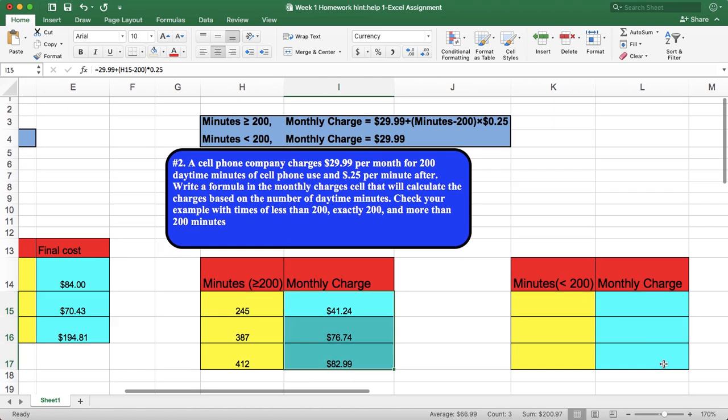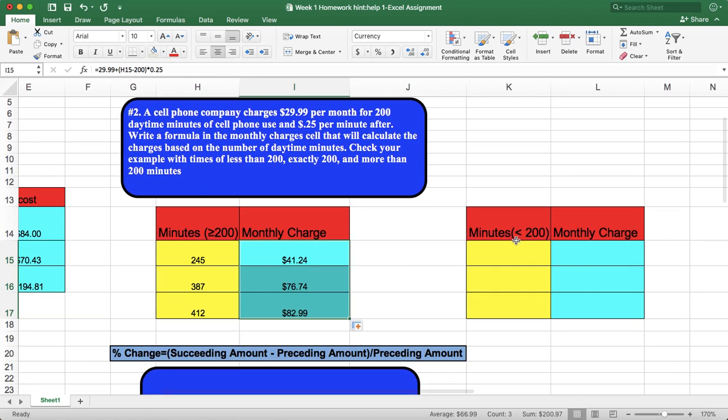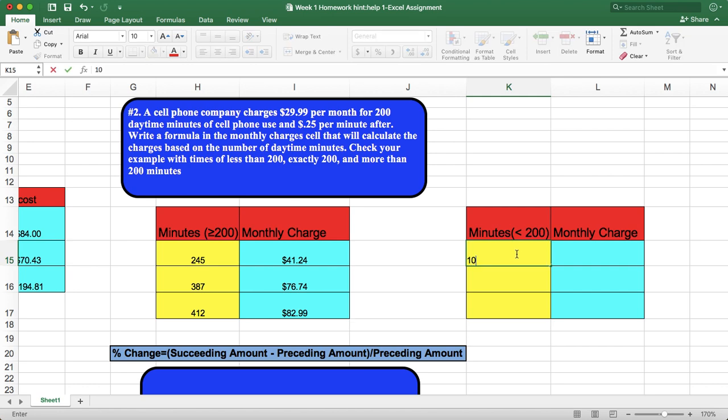And for this one, if minutes is less than 200, for example, 10 minutes, or 16 minutes, or 199 minutes, the monthly charge is constant, $29.99.